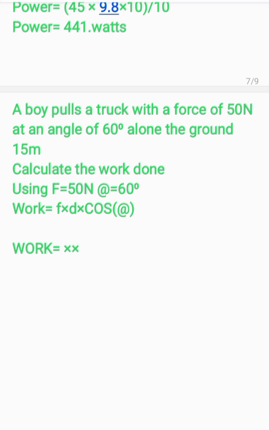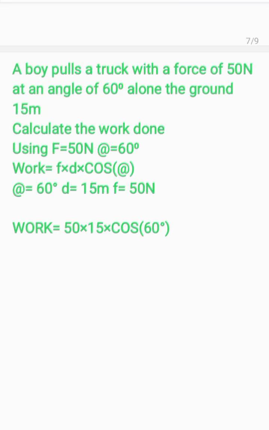Plugging in our values, where the angle is 60 degrees, the displacement is 15 meters and the force is 50 newtons, work is 50 times 15 times cos 60. Plugging these values into my calculator, the work done is 375 joules.